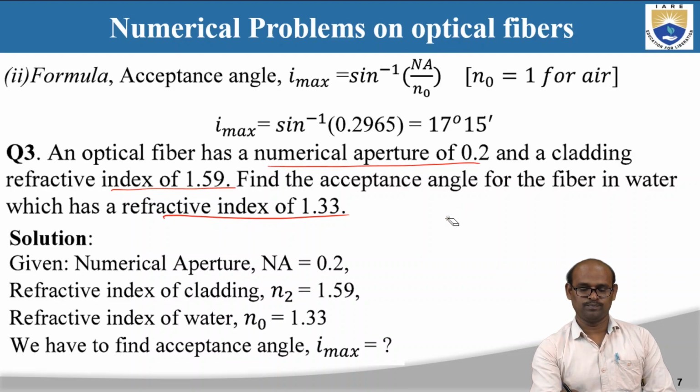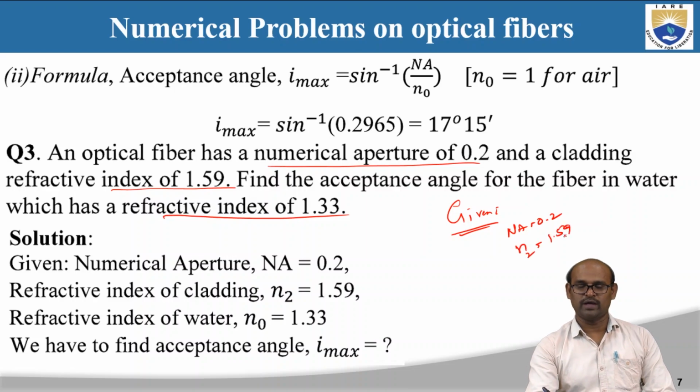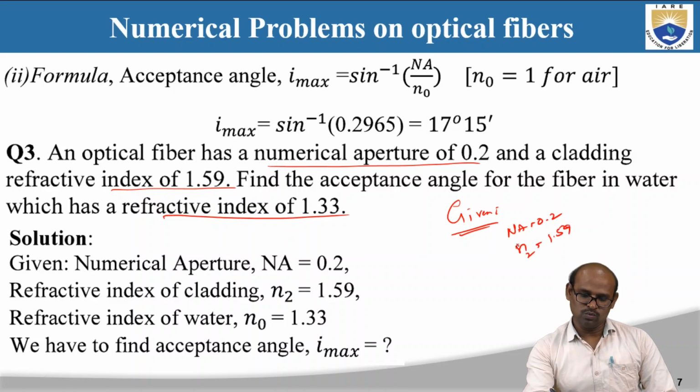Always start with the given input parameters so that it is easy to use them in the calculation. So given is the numerical aperture, which is 0.2, and the refractive index of cladding, n2, which is 1.59. Now they have asked us to calculate the acceptance angle of the fiber in water.